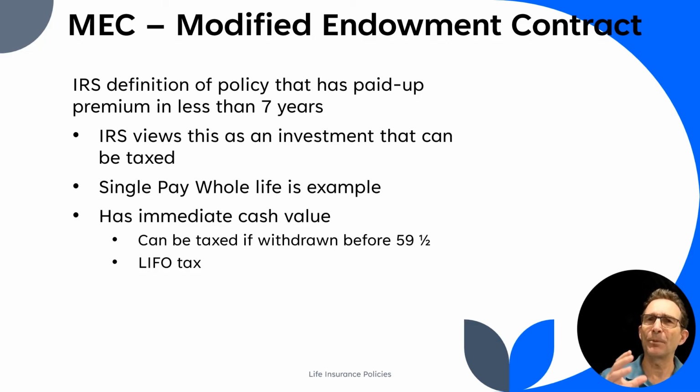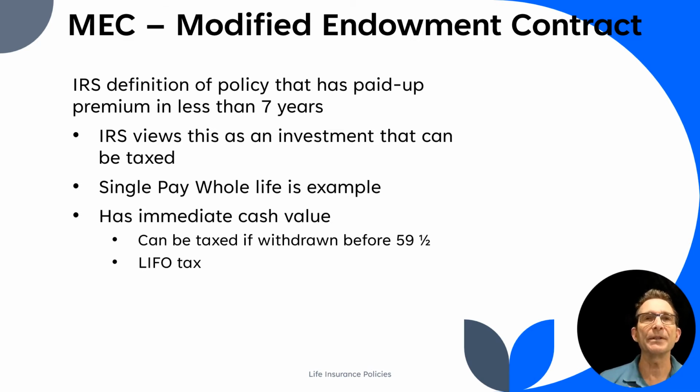So remember, I said that if I put down $50,000, immediately it's going to have some more cash value. If I try taking out that cash value or cashing out the policy, any gains above the premium that I've put in are going to be taxed. The easiest way that I remember thinking about it is if there's no gain, I'm not being taxed.